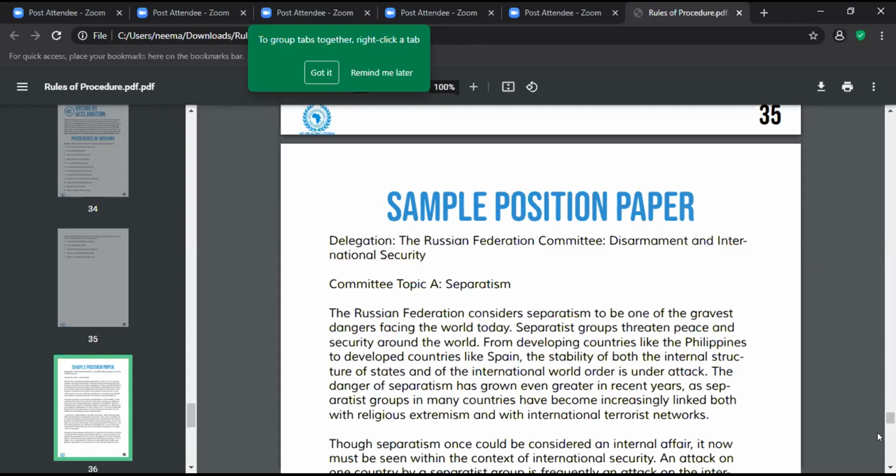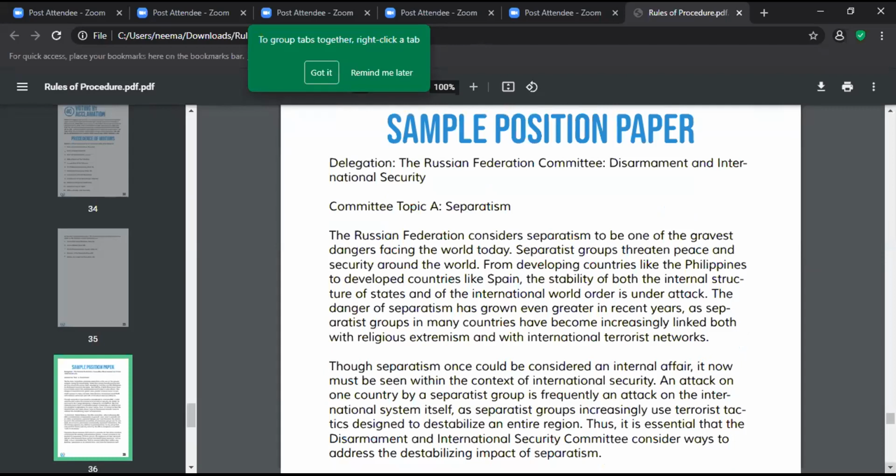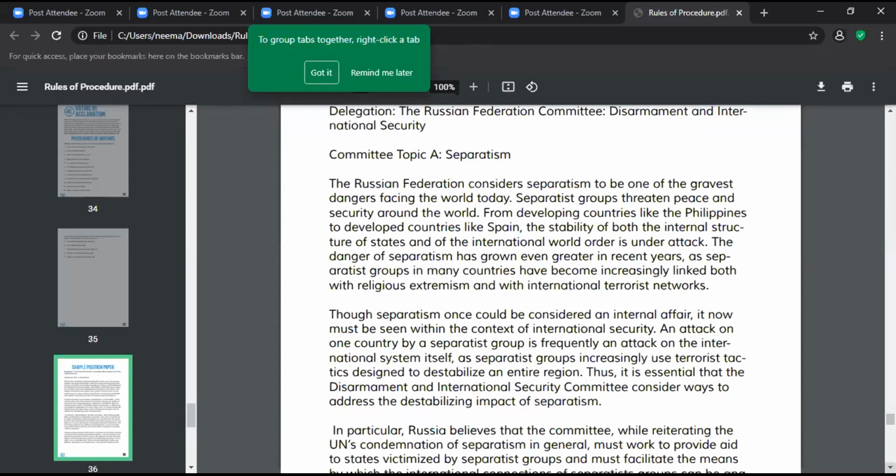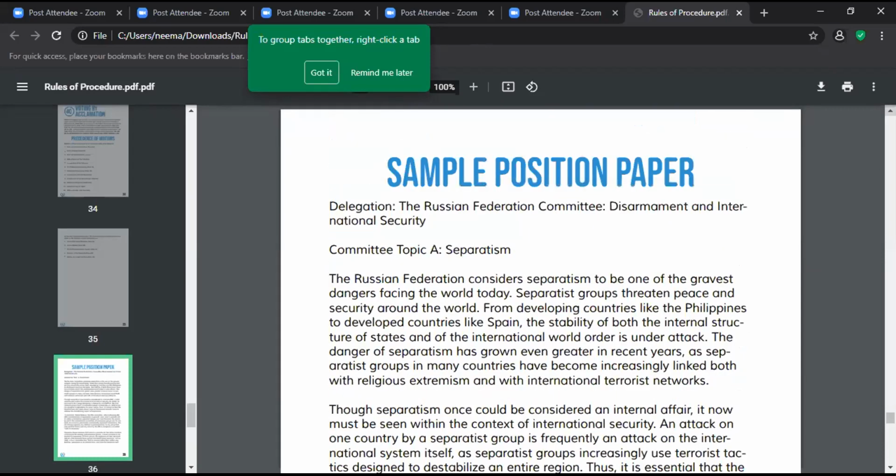Do you have the notes? That's the sample. Is it the one? No, that's the sample. Okay.